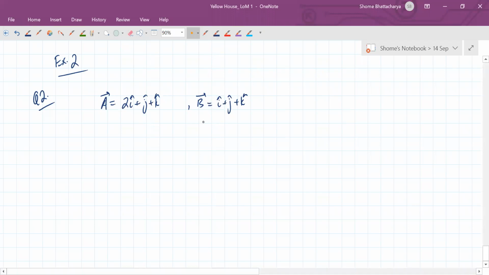So just see what the options are saying. One is asking for a unit vector which is perpendicular to A or parallel to A, similarly perpendicular to B and parallel to B. So we have to find in the options a unit vector.